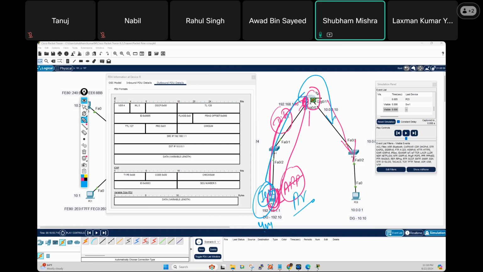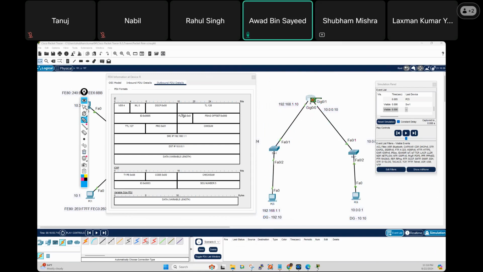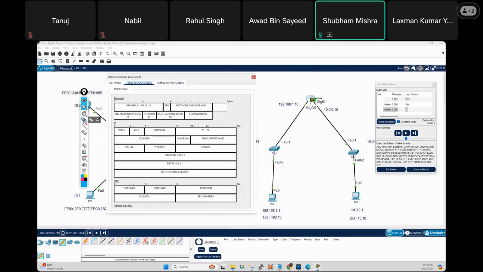Now this ICMP packet will reach this router. This router receives the inbound packet. Everything is the same, but after that, as I told you, the router performs some modification in this ICMP packet, and then the router will forward this ICMP packet towards this PC. When the router opens your ICMP packet, first of all it will check the source IP address.